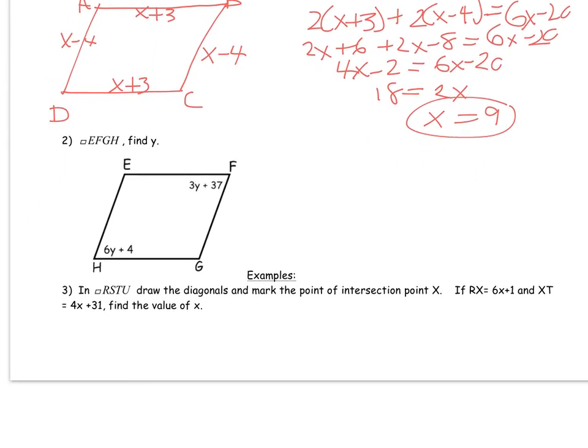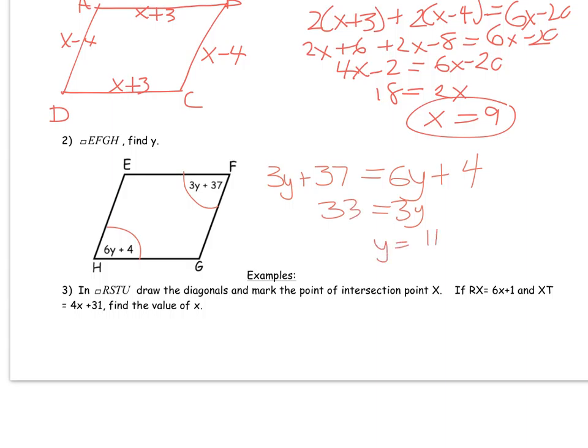For the next problem, they're giving me opposite angles of the parallelogram, and we now know that opposite angles are congruent. So I'm going to set them equal and go ahead and solve for y. So I subtracted 3y from both sides, then I subtracted 4, and then I got y equals 11.